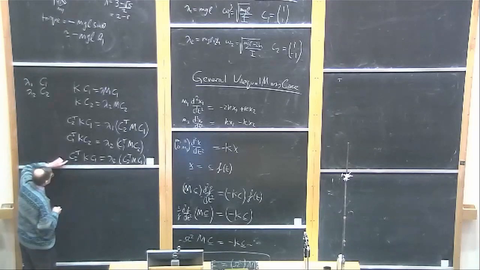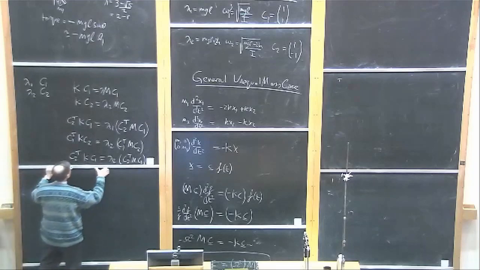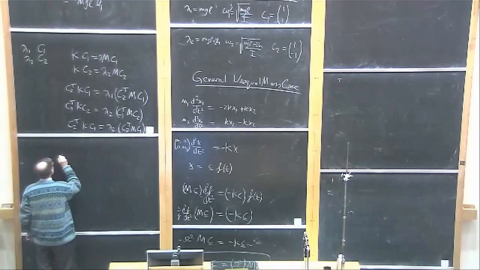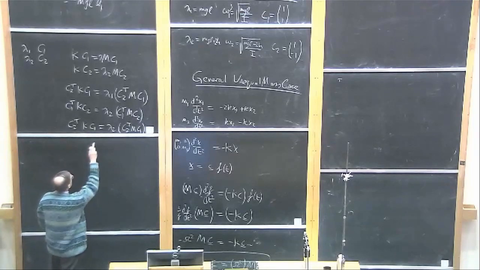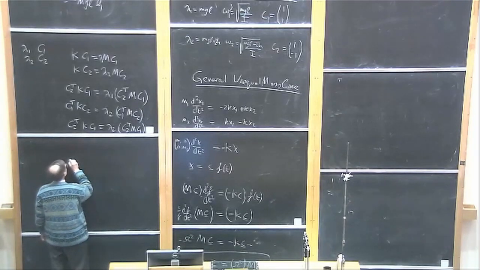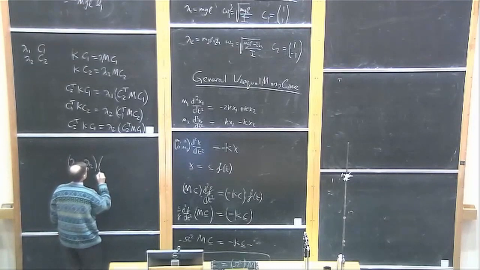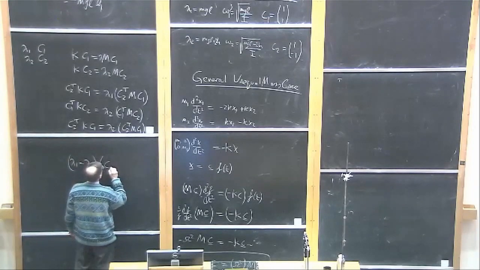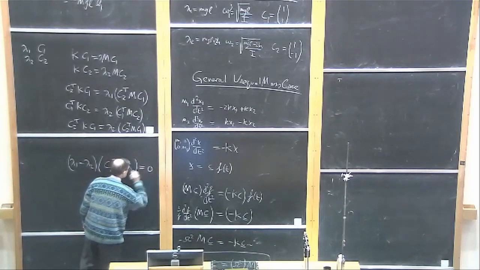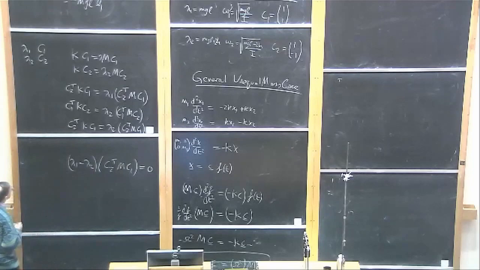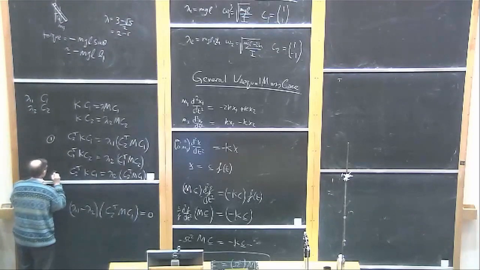So this equation and this equation are identical apart from C2. So if I subtract them, apart from the lambdas, I get lambda 1 minus lambda 2 C2 transpose m C1 equals naught. So that came from subtracting that equation and that equation.